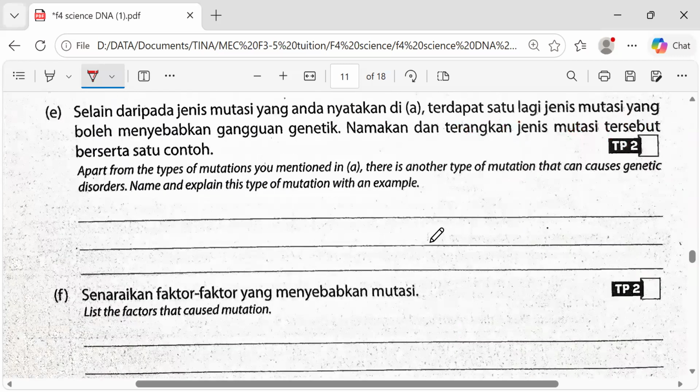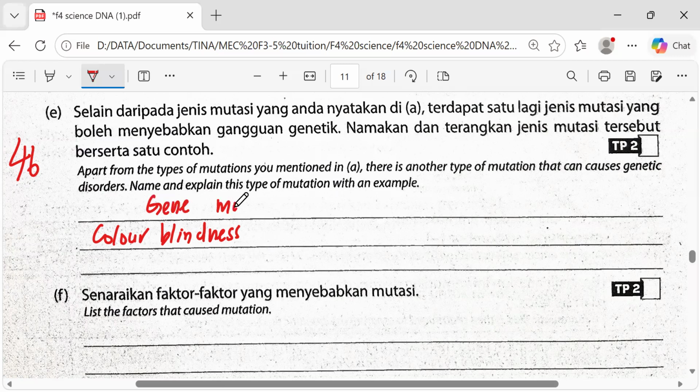Another kind of mutation is where they have 46 chromosomes, but one of the genes is spoiled. For example, color blindness is when there is a defect on the X chromosome. They still have 46, but part of the chromosome is spoiled. This is called gene mutation.